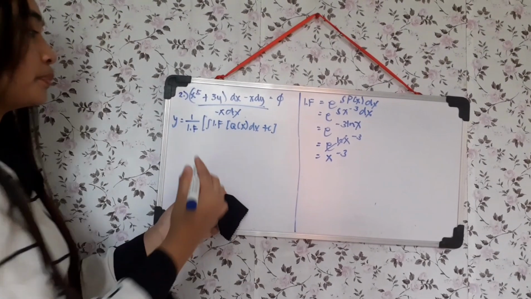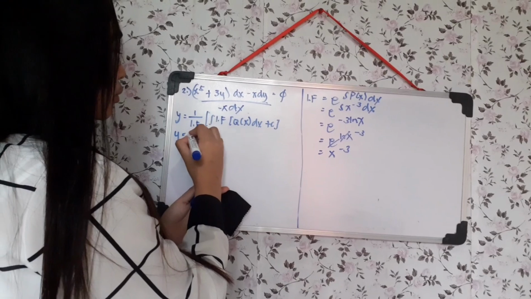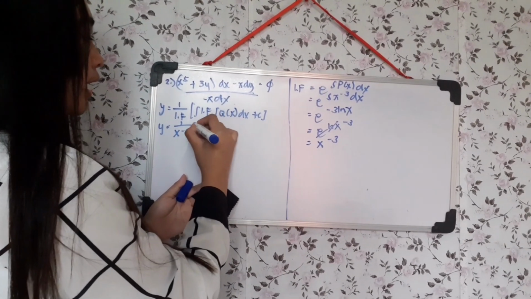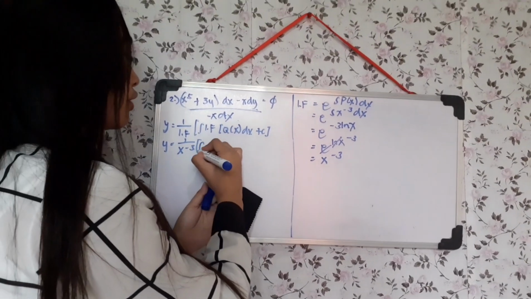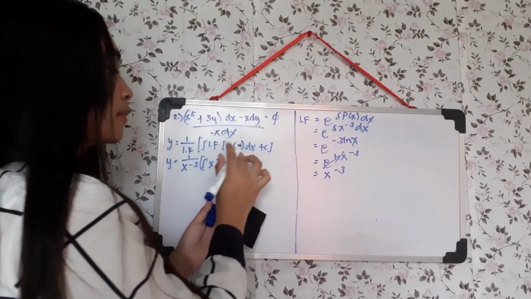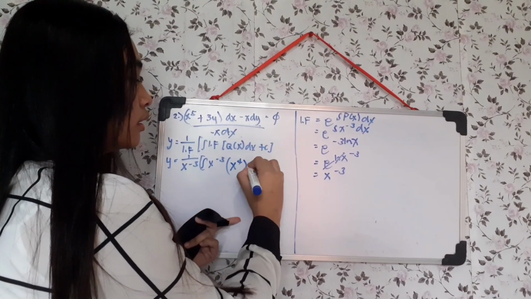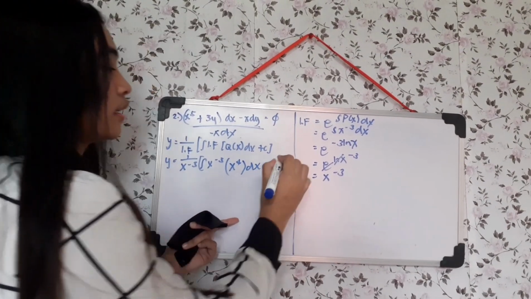Then substitute: y is equal to 1 over x to the negative 3 times the integral of x to the negative 3 times the value of q of x, x cubed, dx plus c.